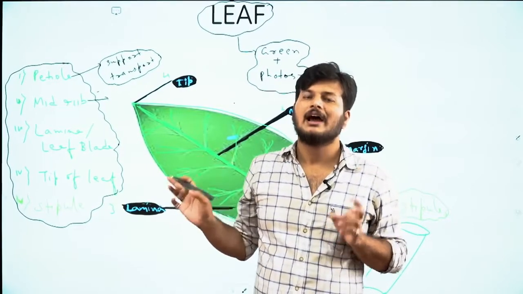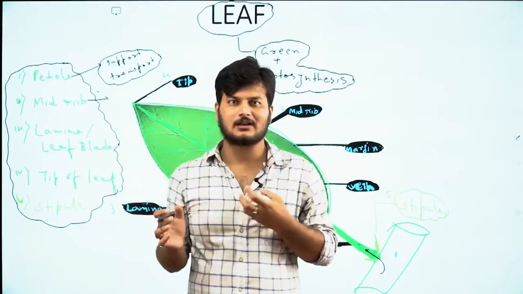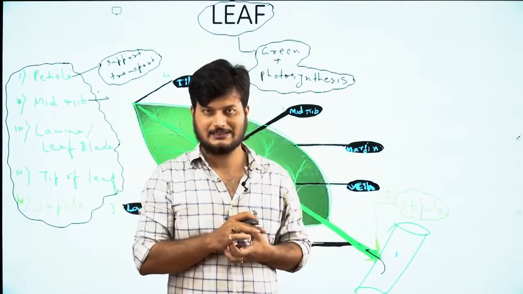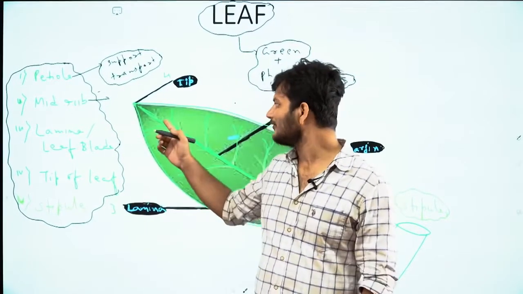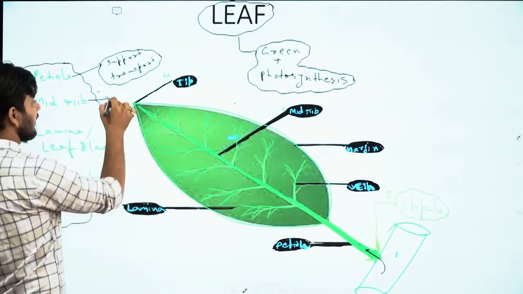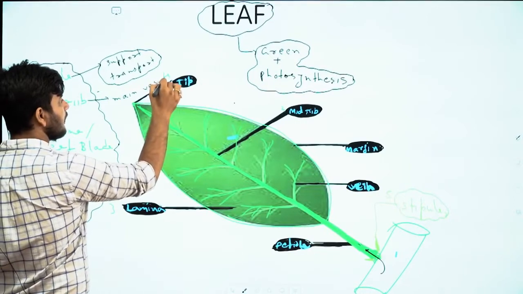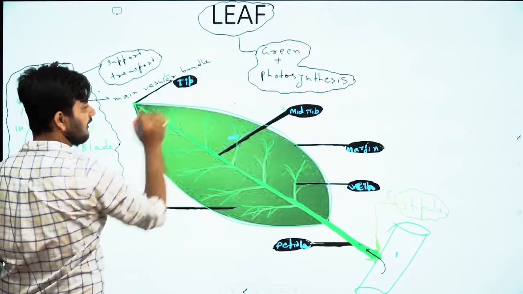And it also takes back the stored food and the food formed by photosynthesis. It means it is the main vascular bundle in the leaf. Simply I am writing here, it's the main vascular bundle in the leaf.